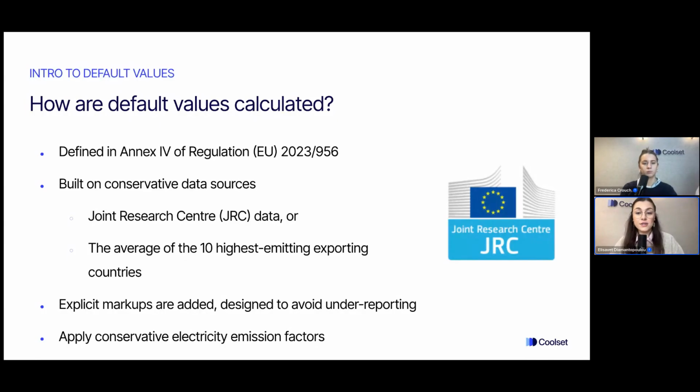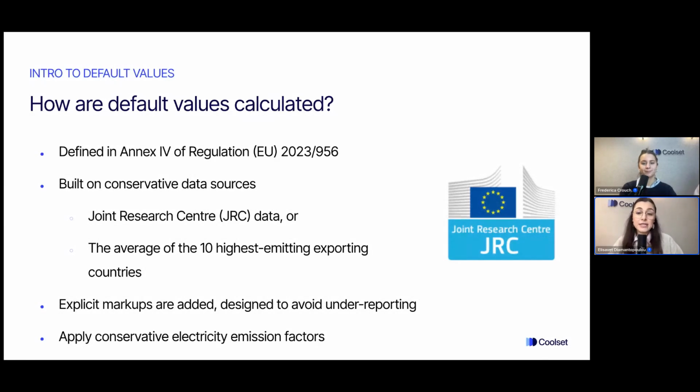On top of that, the EU has also added specific markups, as they call them, to the default values. Essentially, they are an additional buffer percentage to the default value, designed to avoid the underreporting of specific installations. They assume that because an installation does not have verifiable data, it is statistically more likely to have higher emissions than the average.